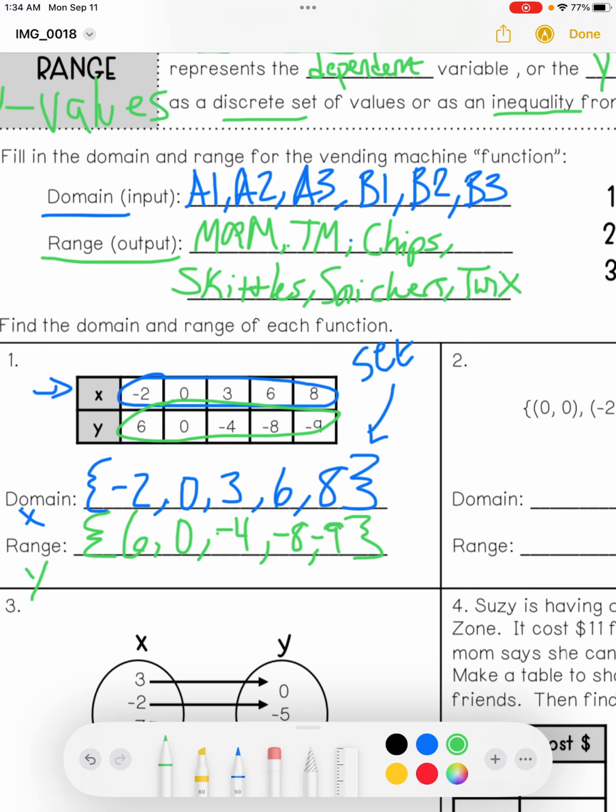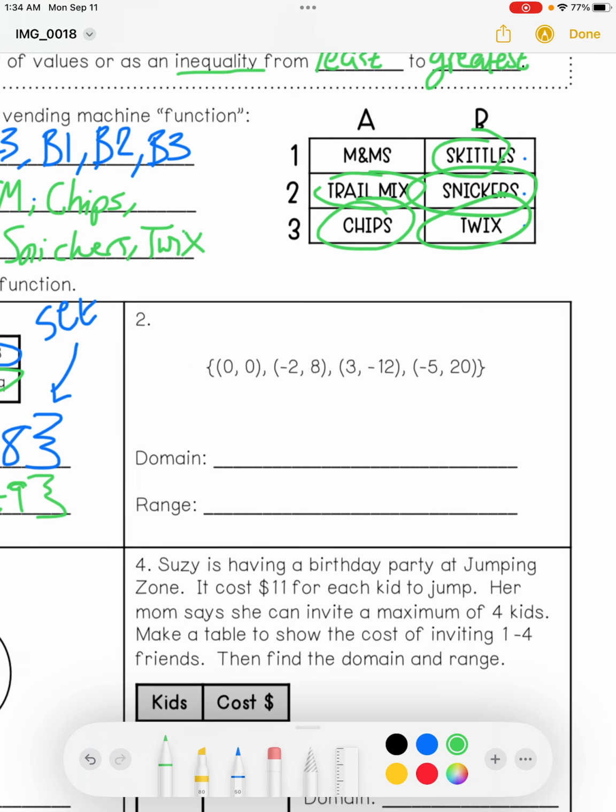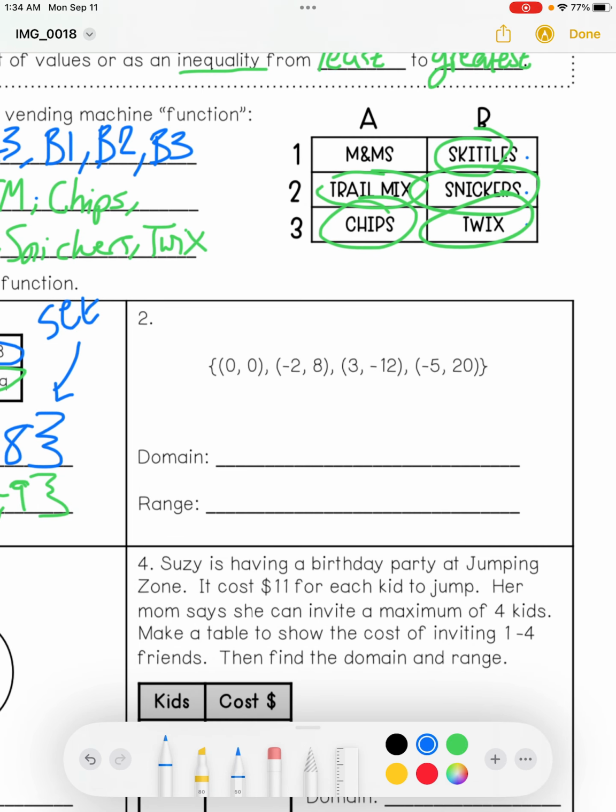Right? Let's do a few more. I go to question 2. I say, well, what is domain? That's just x. What is range? That's just y values. Okay, so let's sit here. What are all the x values that I can use? Well, I have 0, -2, 3, -5. So I say, well, I need my fancy bracket.